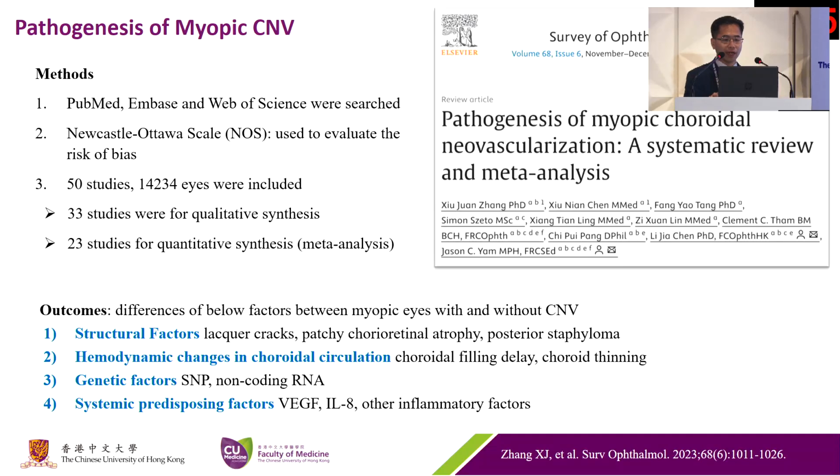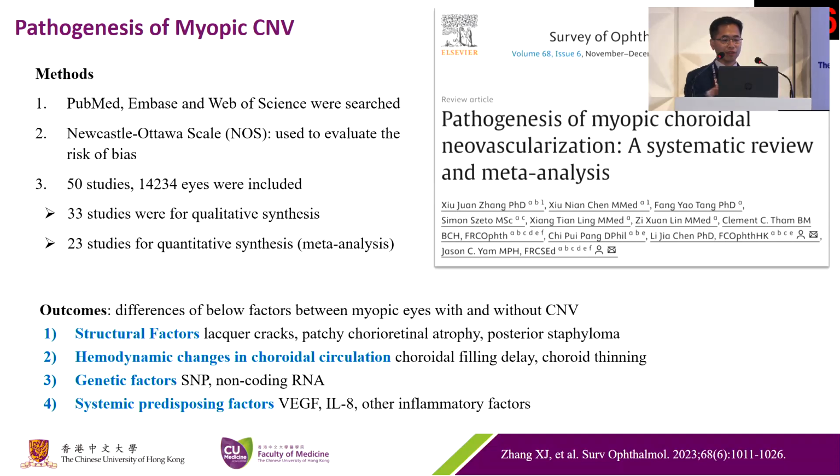We have conducted a meta-analysis of the literature to look into the pathogenesis of myopic CNV, and today I wish to share some of the results based on this meta-analysis with you all. We included 50 studies with a total of 14,000 eyes, including about 35% with myopic CNV, and the other 16.5% cases with no myopic CNV as a control.